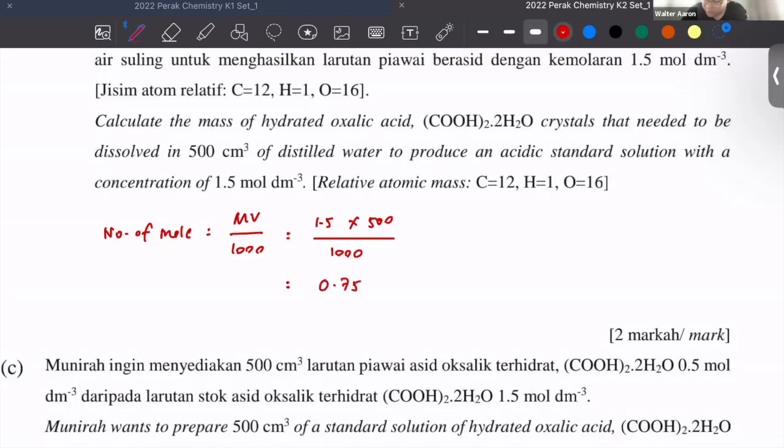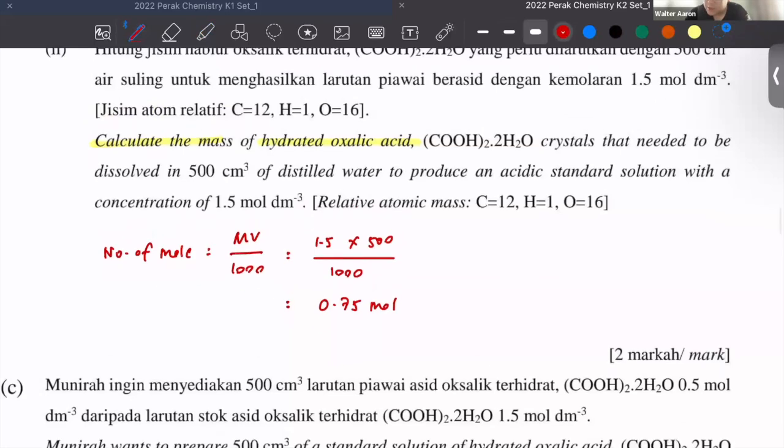So 0.75 mole of oxalic acid crystals will be needed, but we don't want that in moles, right? What we want is actually in mass. So we calculate the mass. So the mass itself, we must first determine what is the MR of that particular substance. So the MR of (COOH)2.2H2O will be, so a total of 94.